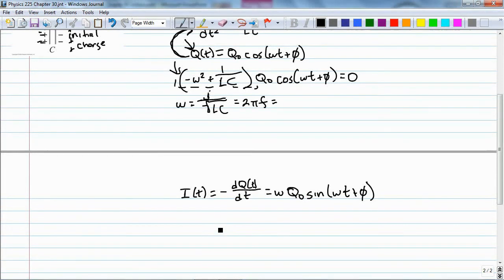And our maximum current is equal to omega times Q naught, and that's just equal to Q naught over the square root of LC.